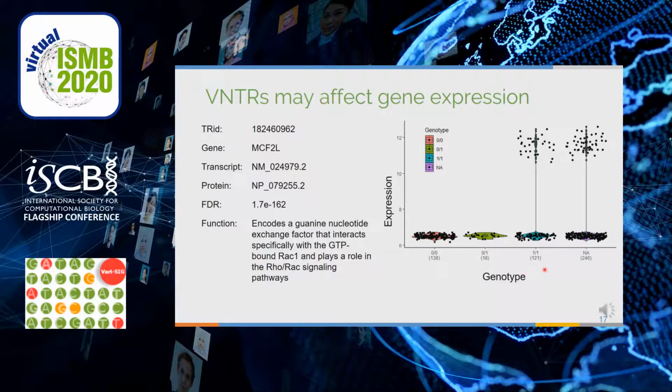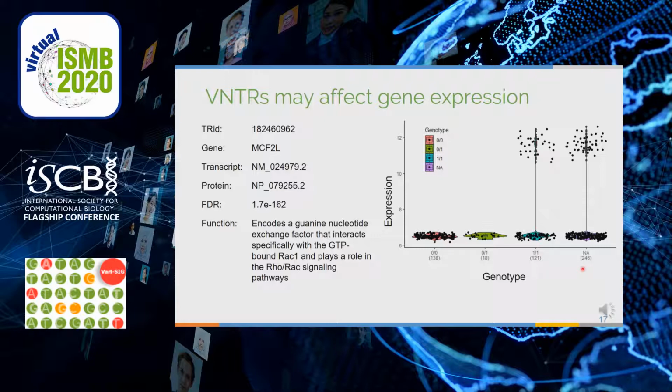But there's another class of effect of VNTRs on the gene. For example, here you can see that in this case, if you do not have the 0 allele, which is the same as the reference, you have some of the people switching on and having a very high, or in some cases very low, expression of that gene. Here you can see that I'm showing you this NA class, and the reason to show that is that we observed 138 00s, 01s, 11s, and NA, although we didn't observe any allele for those 246 individuals, but we know that they're not going to be 00, 01, or 11 because we could detect those, and we know these are something that could not be detected.